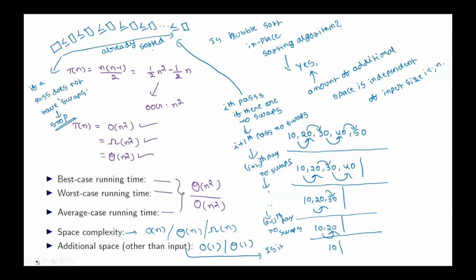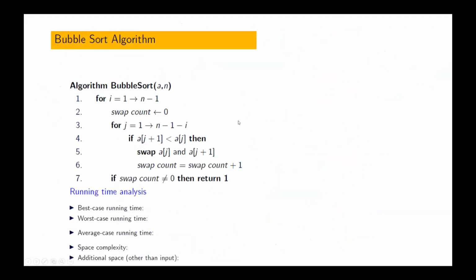Okay, this is the last point. So that's what we do. In each pass we use one variable, that is swap count. After each pass is completed, we check whether the swap count has changed or not. Whenever a swap takes place, we increment the swap count value.